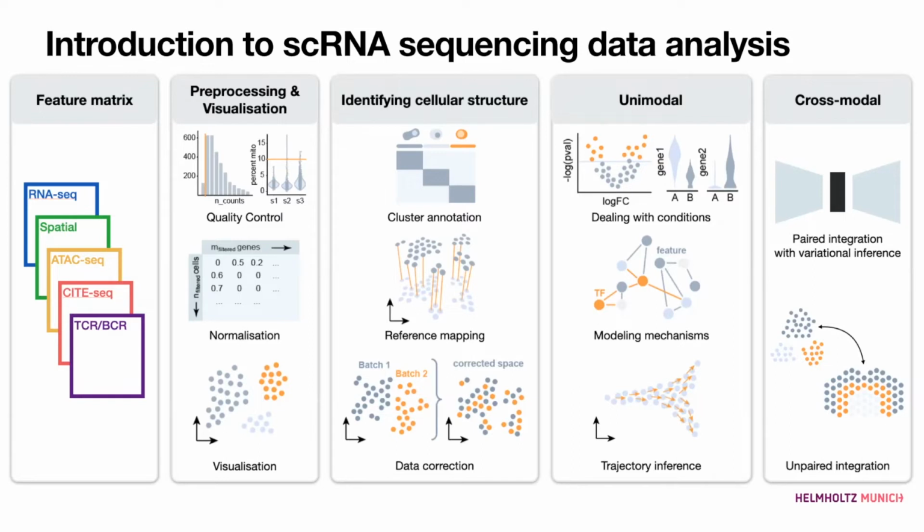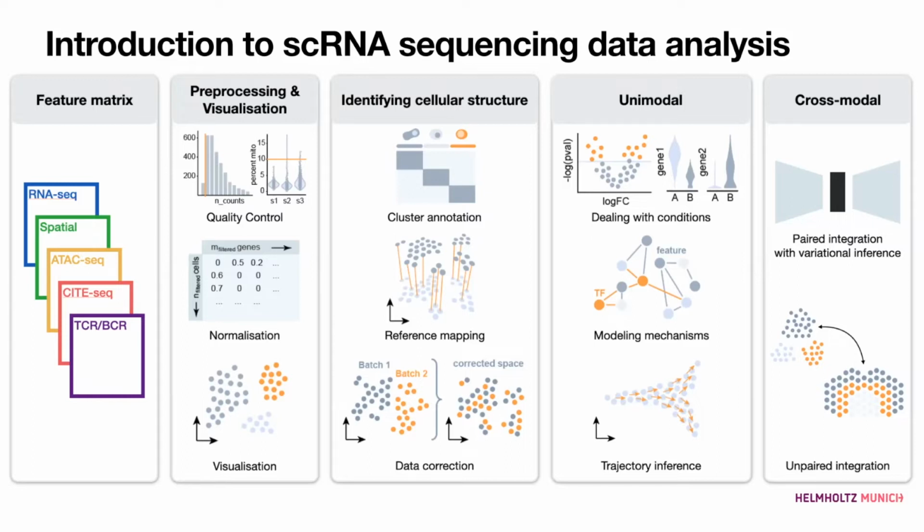This is usually done with a manual annotation workflow, but more and more novel tools allow you to do this in a more automated fashion by, for example, using large atlases and transferring the annotations that you have in these atlases to the individual samples that you're looking at.